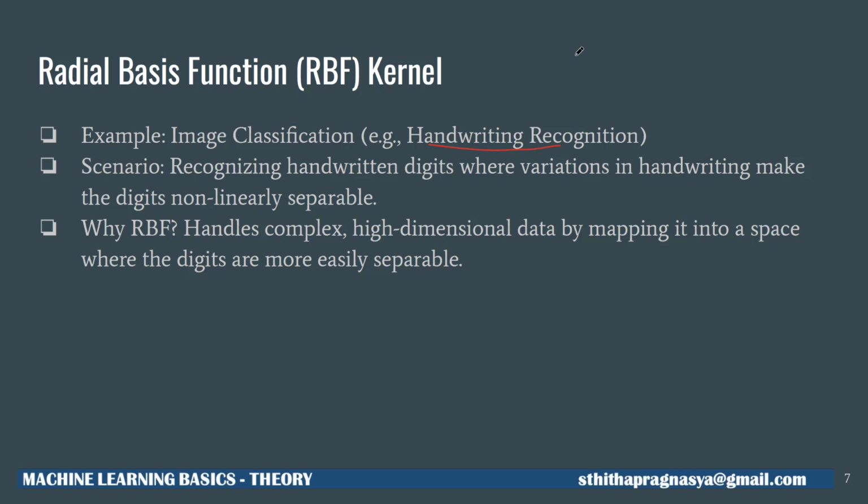An RBF kernel is well suited for this task because it can handle the complex variations in the data by mapping it to a higher dimensional space where the different digits become more easily separable. The RBF kernel's ability to model complex non-linear relationships makes it ideal for higher dimensional data sets like images, where the decision boundary between different classes, in this example between digits, is not a simple straight line.